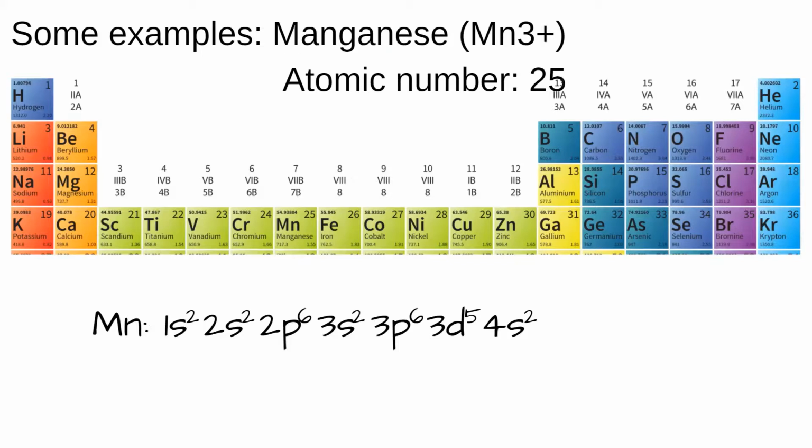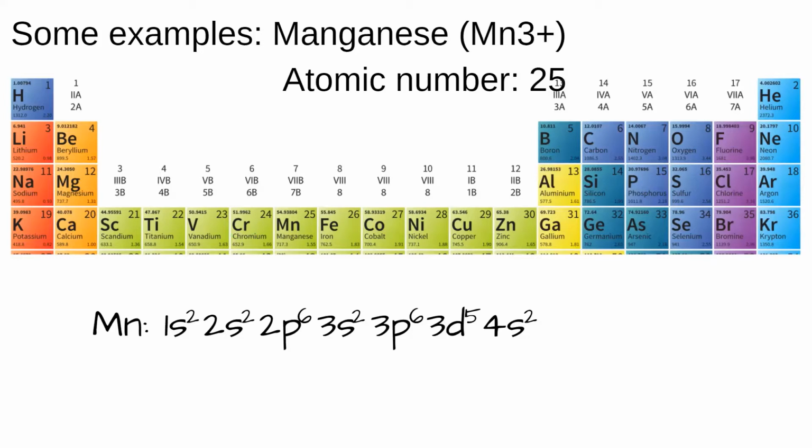If we looked at the electron arrangement for the atom, we would see that it is 1s2, 2s2, 2p6, 3s2, 3p6, 4s2, 3d5. But we know that it's lost 3 electrons. So again, when we take those 3 electrons away, we need to take them away from the 4s orbital first.